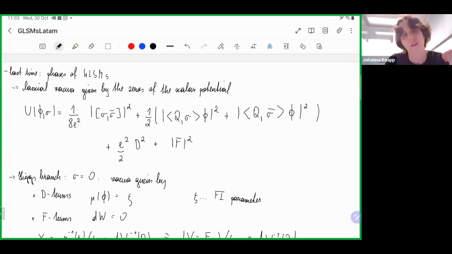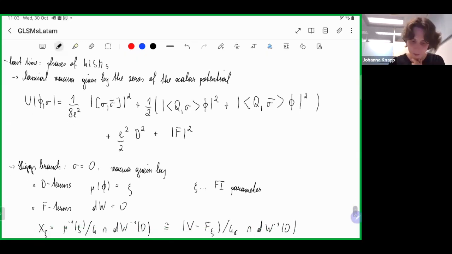And the whole point and the connection to, for instance, Calabi-Yau spaces that I like working with is that the scalar fields of the GLSM at the vacuum, at the ground state of the theory, are constrained to sit on a certain manifold.